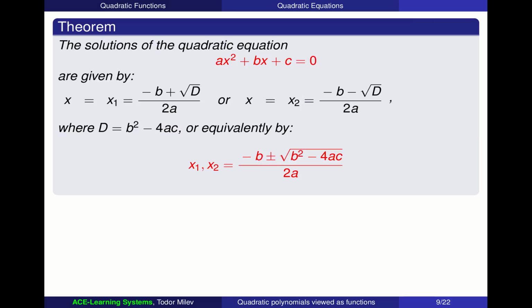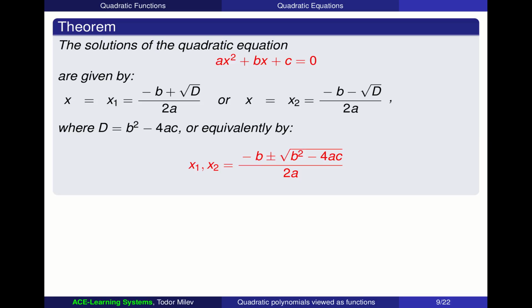Ax squared plus bx plus c equals 0 is solved by, its two solutions are given by x1 and x2 equal to minus b plus or minus radical of b squared minus 4ac over 2a. I want you to memorize this formula. If you haven't memorized this formula so far, please do so. Memorize this formula by heart.